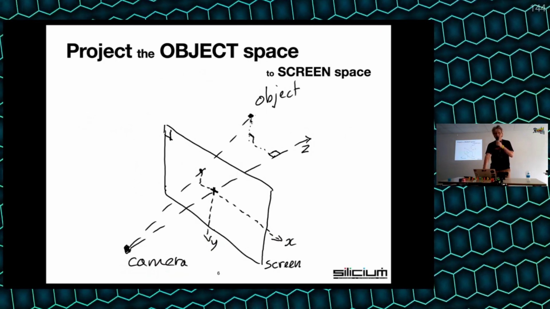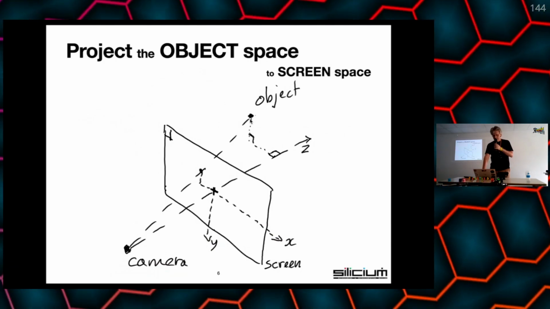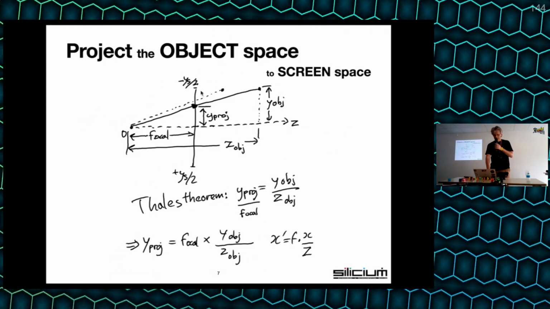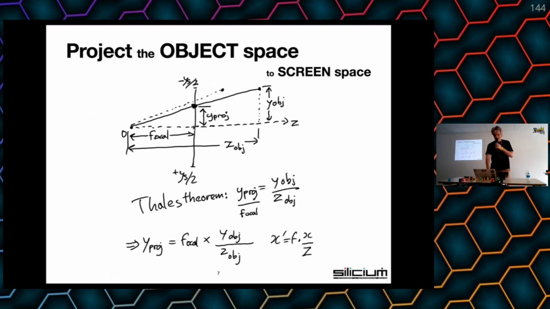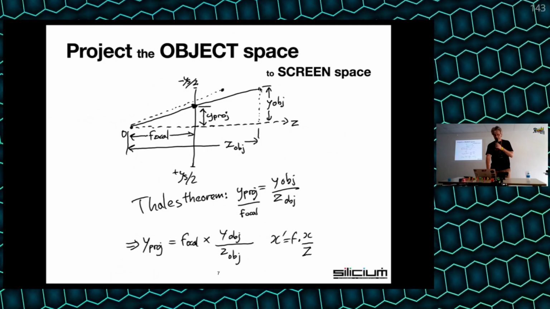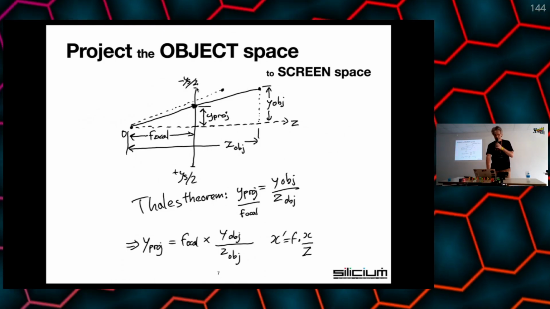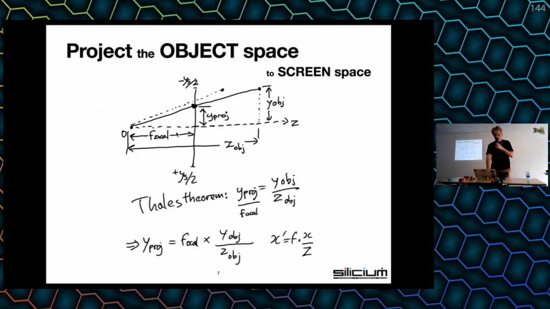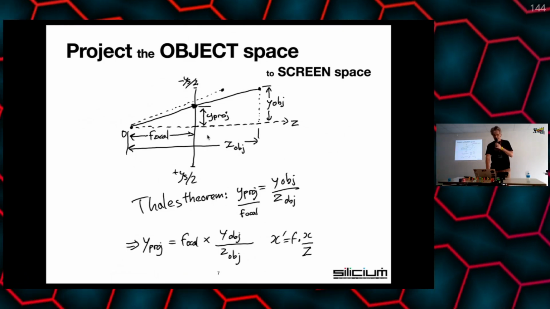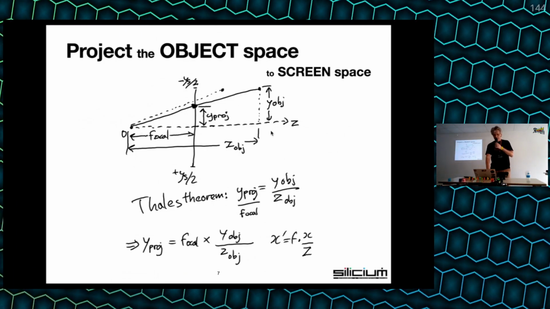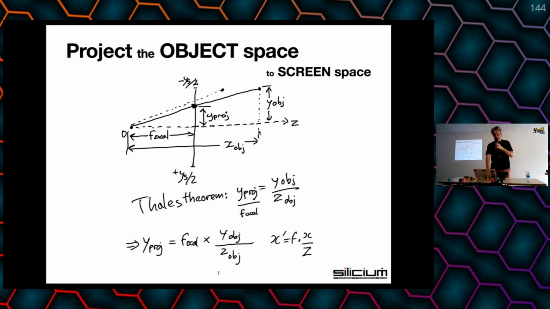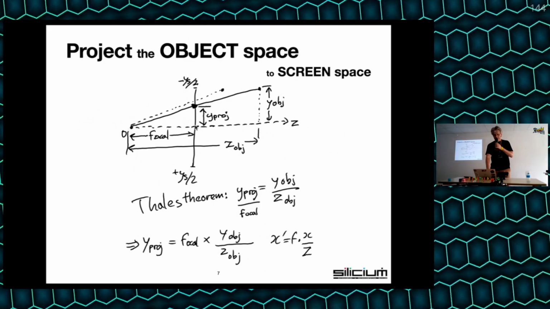So if we reduce this to just a side cut of what happens, now the screen space is just this vertical line, and what we want is the height of the projection of some 3D space vertex into this particular coordinate along the z-axis. So from camera to screen, this is the focal length. And computing this is just a simple case of Thales theorem, where this divided by this is the same number as this divided by this.